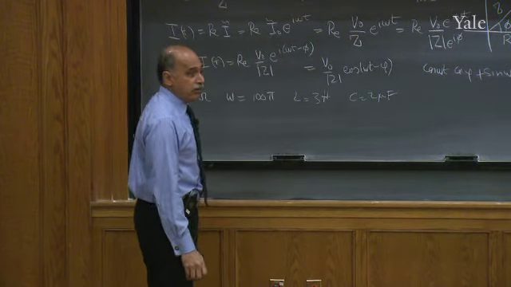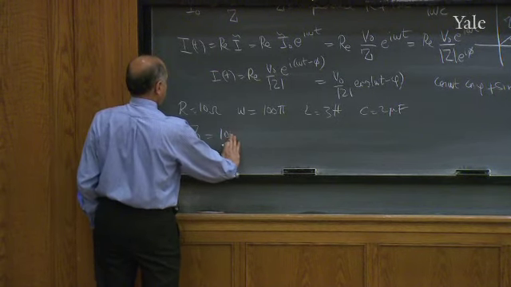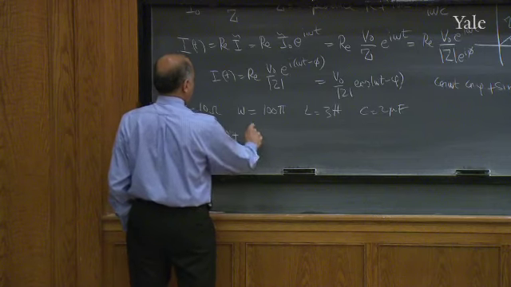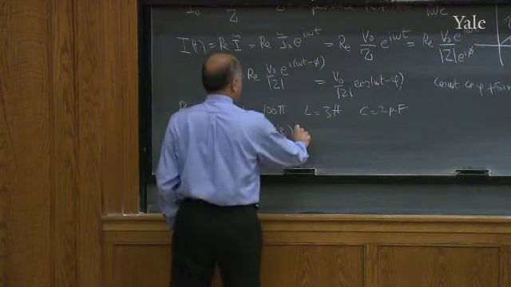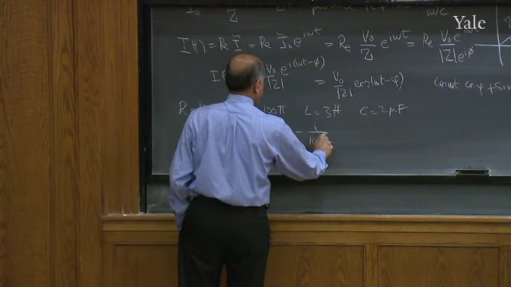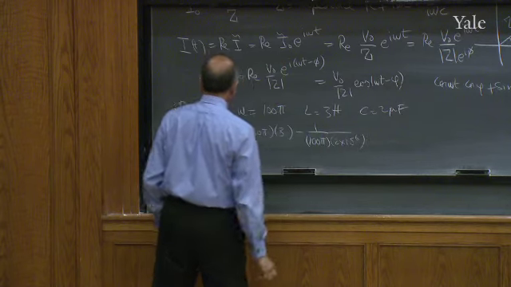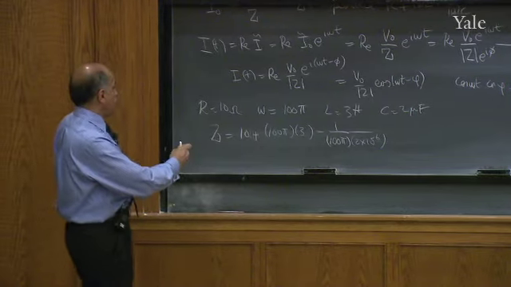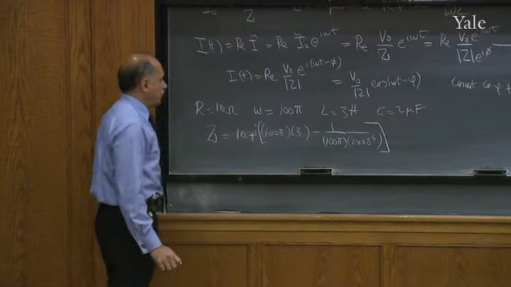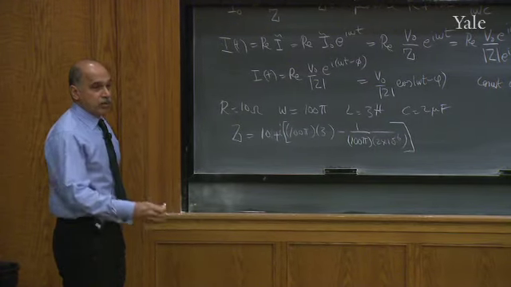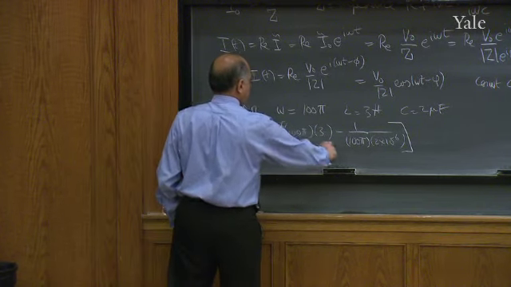You can find Z. Z for this circuit will be 10, plus I omega L, which will be 100 pi times 3 henries, minus I over omega C, which is 100 pi times 2 times 10 to the minus 6. I forgot the I here. That is a complex number. I don't want to calculate it. It's whatever it is. It's got a real part, which is 10, and an imaginary part, which is the algebraic sum of these two.